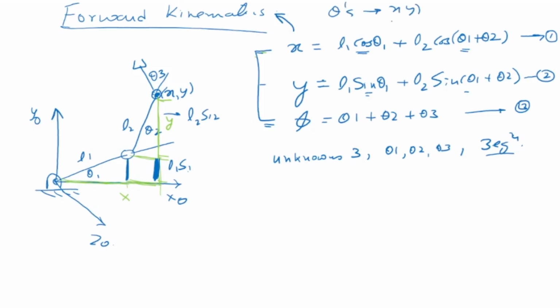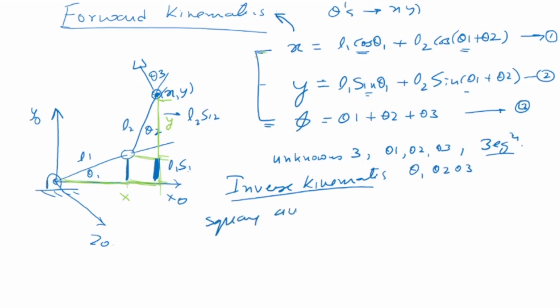Now for inverse kinematics, I need to solve for theta 1, theta 2, theta 3. That is my inverse kinematics. Now, how do I do that? I can square and add these two equations. So, squaring and adding, 1 and 2.